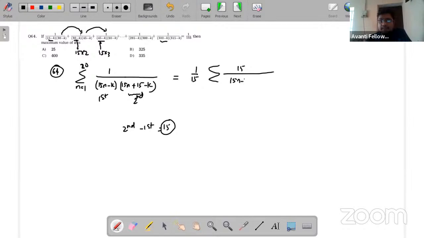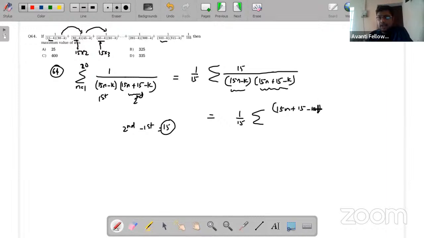Now I can write 15n minus k into 15n plus 15 minus k. Okay, now this 15 can be written as this minus this. So I can write 1 by 15 sigma of 15n plus 15 minus k minus 15n minus k. So now you can see in the denominator it is nothing but 15 only. Now I can separate the numerator.